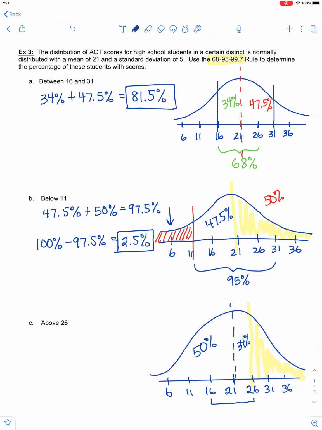So this one's similar to the part B, and we're actually calculating the part we're not interested in first, and then subtracting that total from 100. So if I do 50% plus 34%, I get 84%. And then since I'm looking for the part above 26, I would want to do 100 minus that 84%. So 16% of the scores should be above 26.